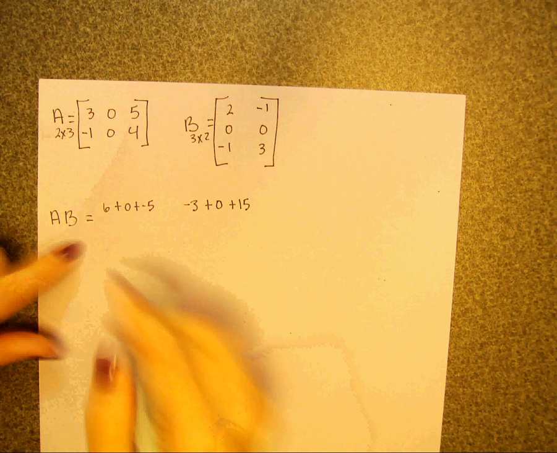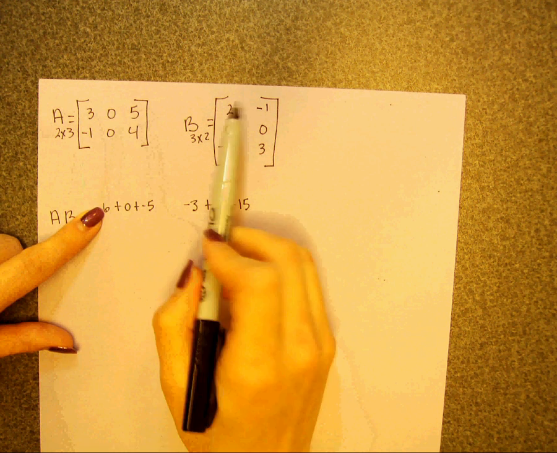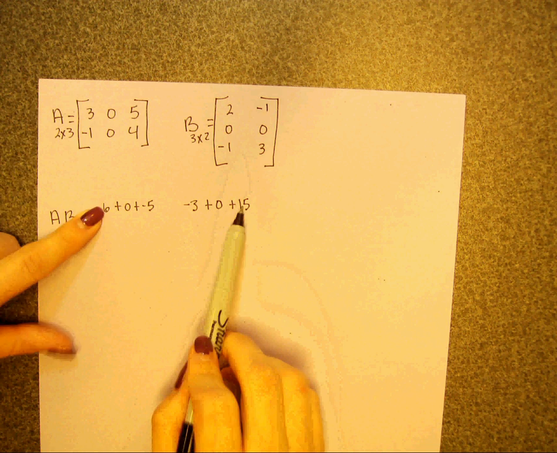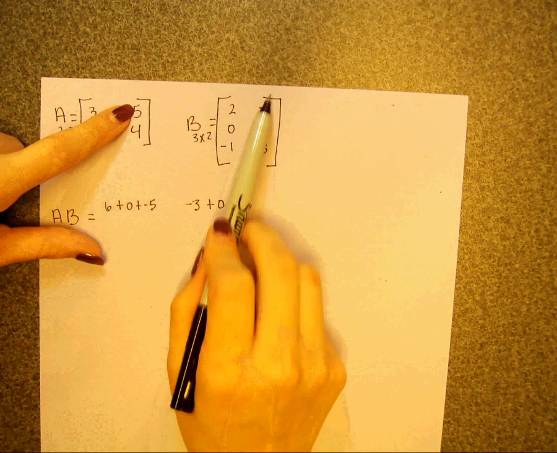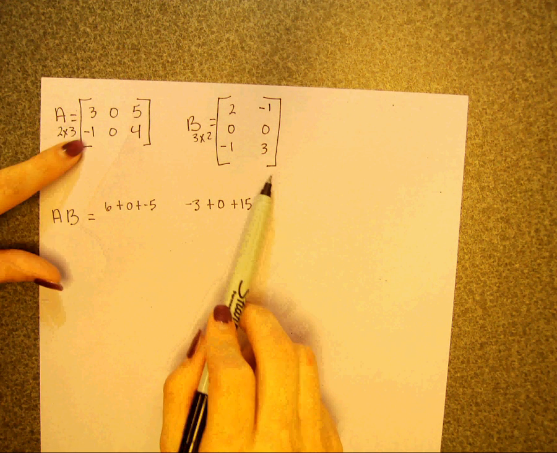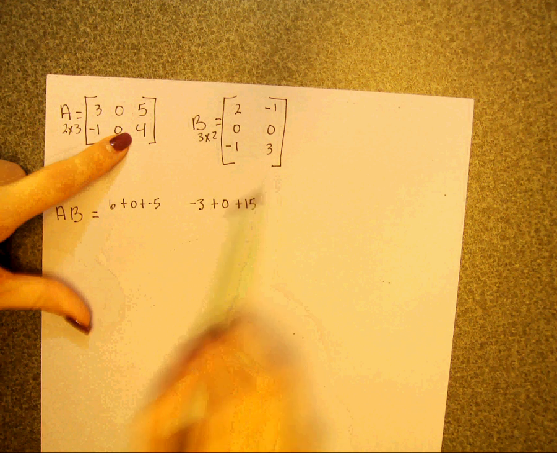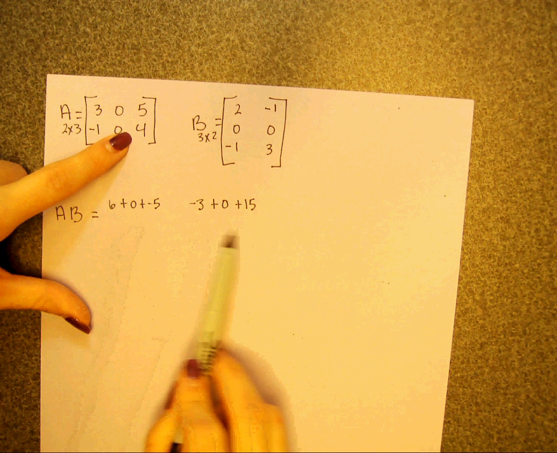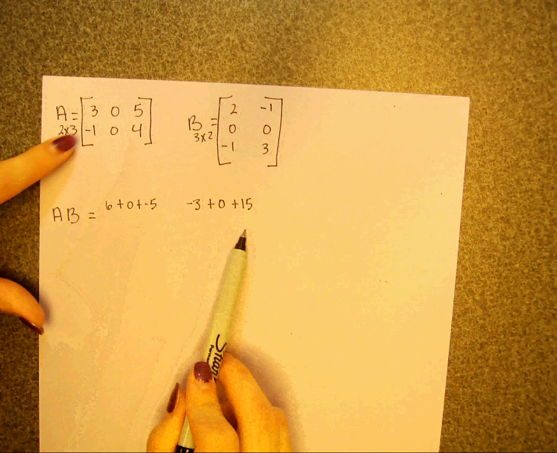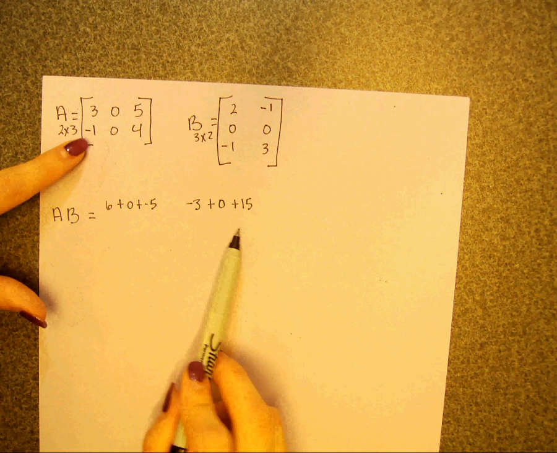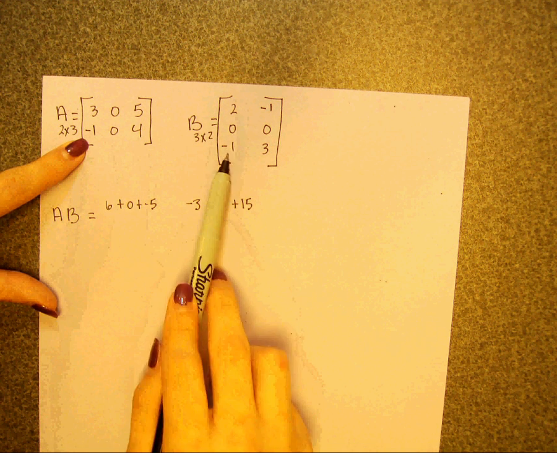Okay, so my first number came from the first row, first column. My second number comes from first row, second column. Now I'm going to move to the second row, and start creating my second row in the new matrix. So I'm going to take the second row and do the same exact thing. Multiply each number times the first column to get my first number.